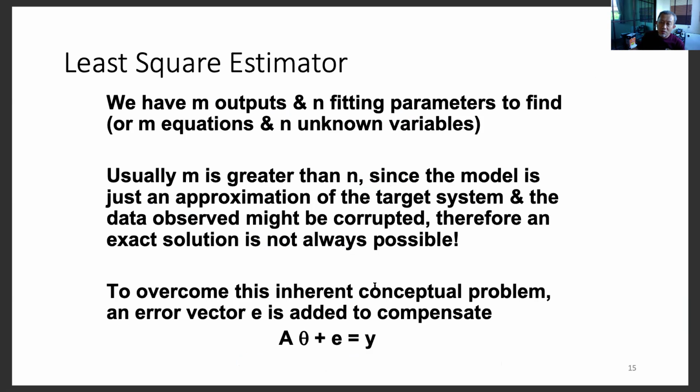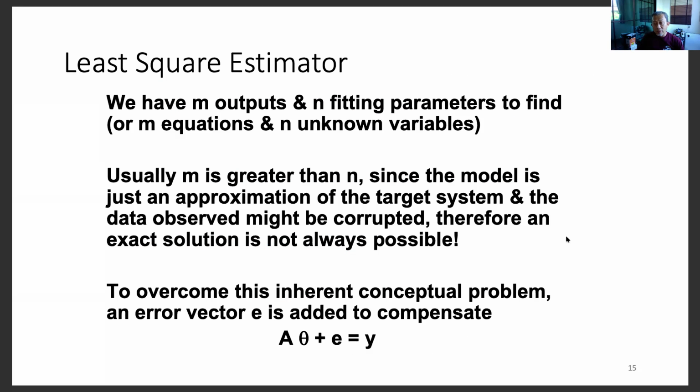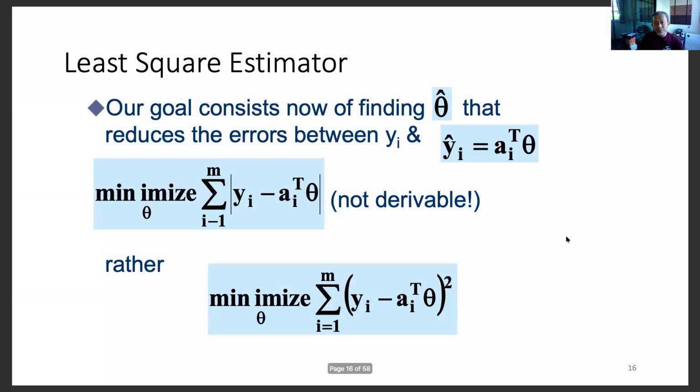To overcome these inherent conceptual problems, an error vector e is added to compensate, so that the difference between the actual and the real one does not become a high difference.